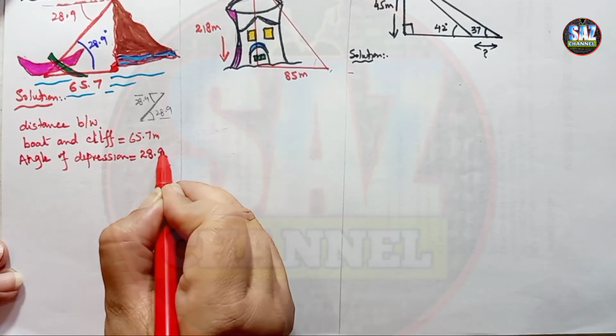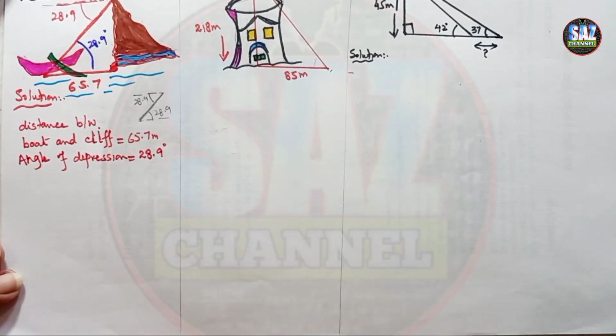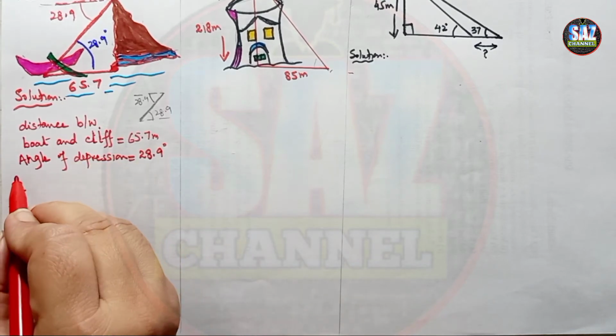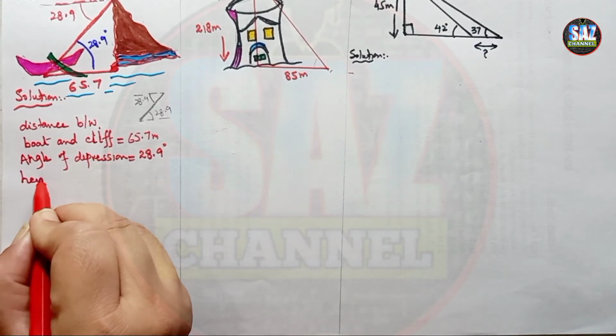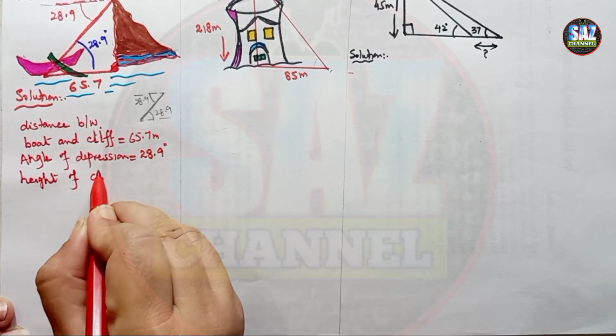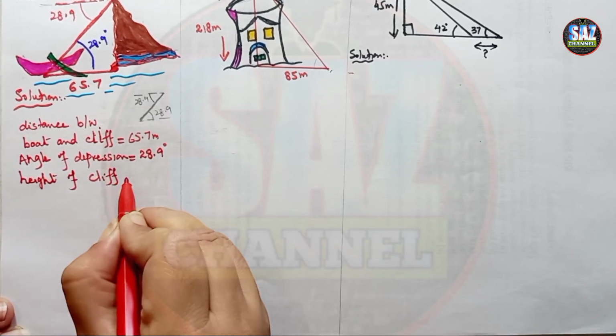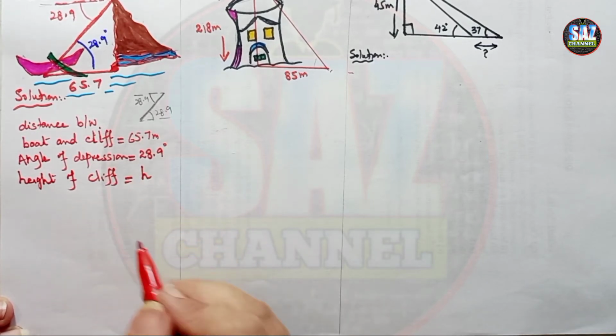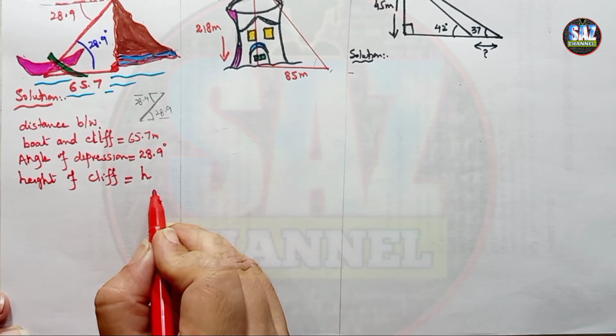I hope you are clear how we are turning the angle of depression into the angle of elevation, making use of alternate angles. And the height of the cliff is unknown. That is the requirement of the question, and let it be h, because this is the height, so let's mark it with letter h.